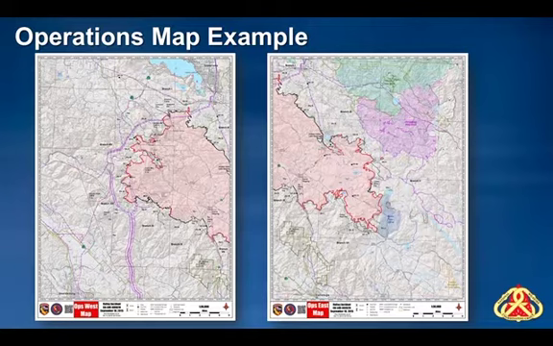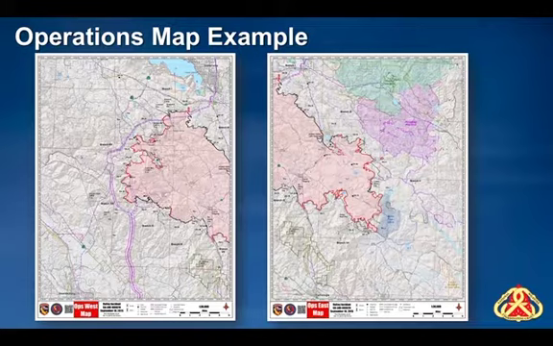And this is an example of that same fire, the Valley incident, being split into an operations west and an operations east map. With the split, we're able to reduce the scale to 1 to 36,000.